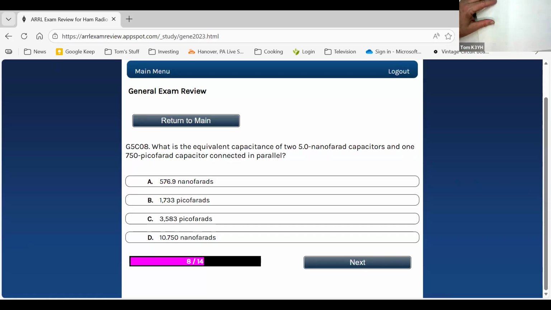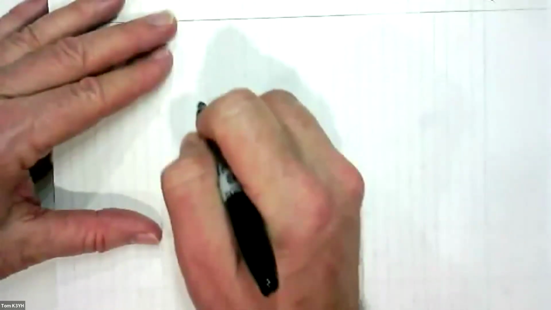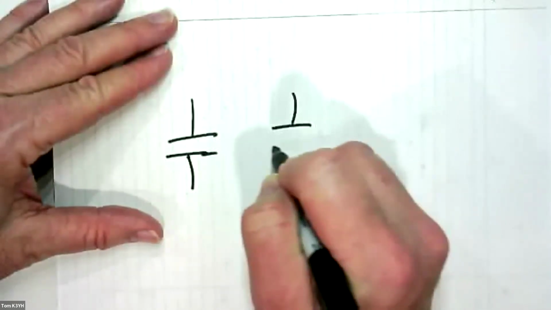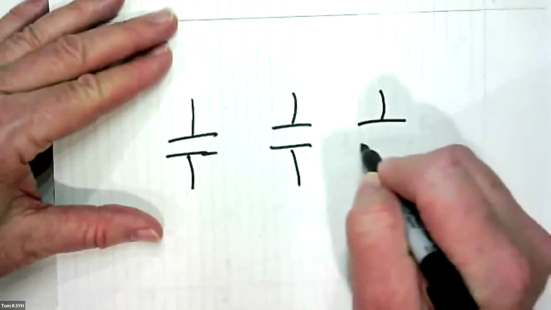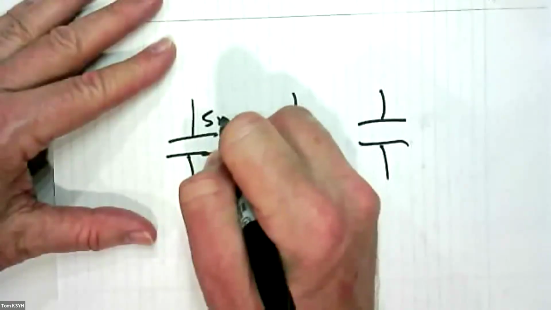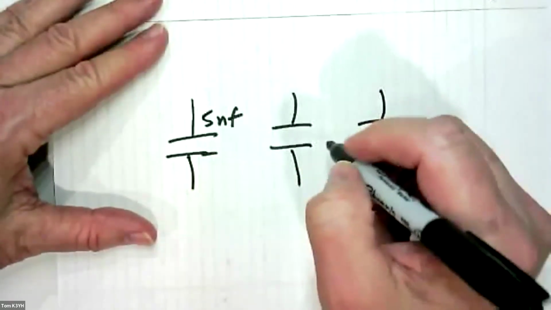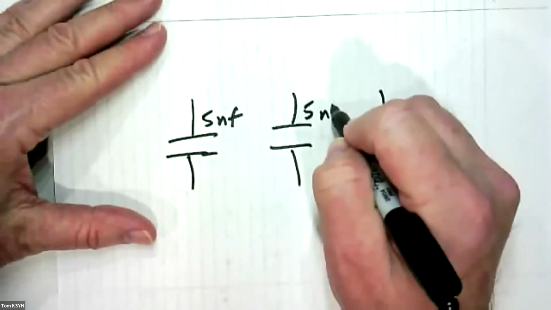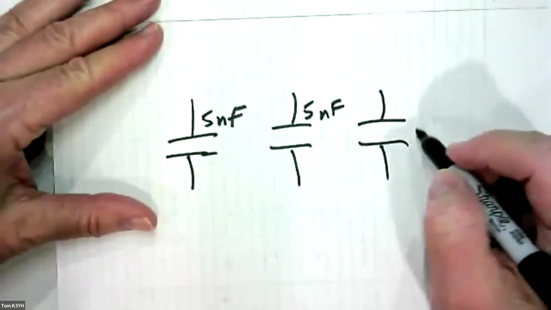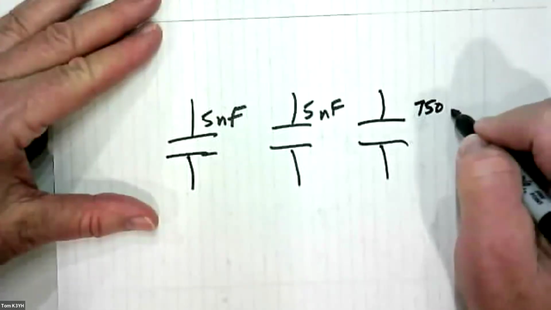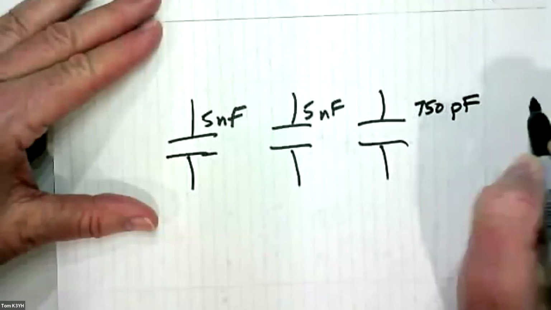Okay, so let's go to the tablet and I'll draw you that. They're connected in parallel. So here's capacitor, capacitor, capacitor. 5 nanofarad, 5 nanofarad, and 750 picofarad.